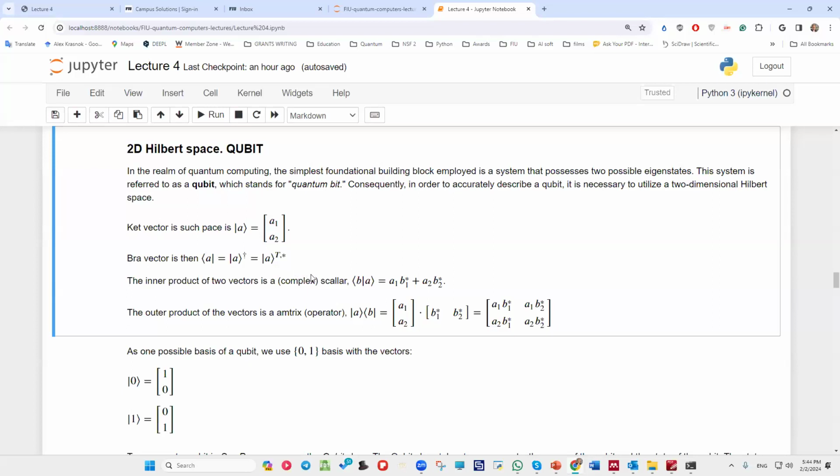If we have two vectors, bra and ket, we can construct this combination, the bracket.